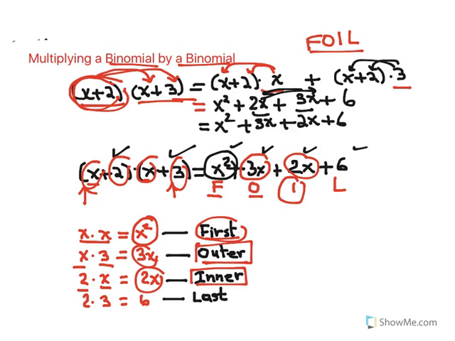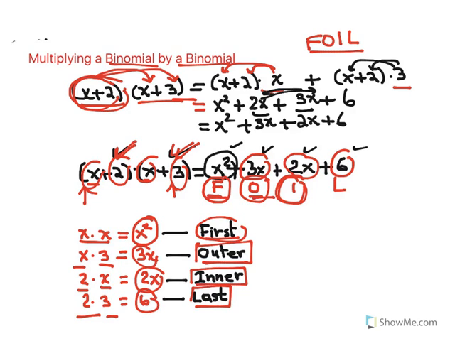So that's where I get my I. So I know where I have my F, where I have my O, and where I have my I. Now where do I get the 6? I get the 6 by multiplying 2 times 3. Therefore, L stands for last. It means I'm multiplying the last two terms together.